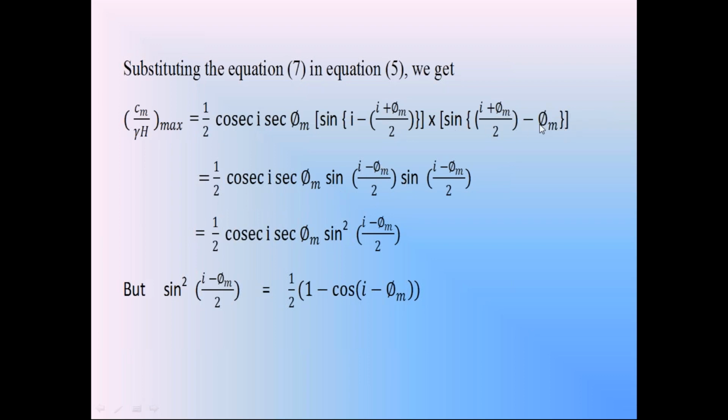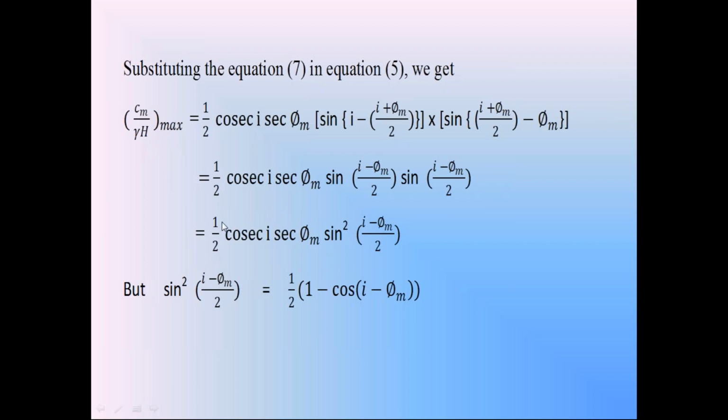Simplify the second term also, taking 2 as LCM: I plus phi m minus 2 phi m by 2, so it is (I minus phi m) by 2. So Cm by gamma h maximum is equal to half into cosecant I into secant phi m into sine (I minus phi m by 2) into sine (I minus phi m by 2). So it becomes sine square (I minus phi m) by 2.